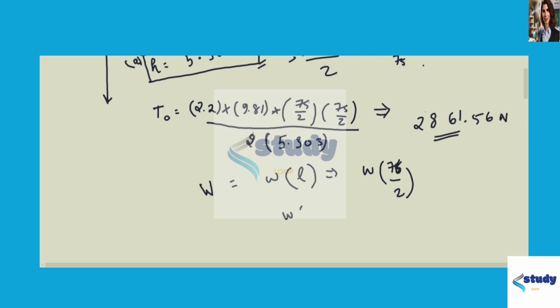So it is small w times 38, and small w we know to be equal to 2.2 times 9.81 Newton per meter, and the weight would become equal to 820.116 Newton.